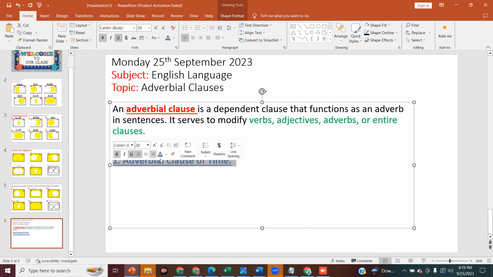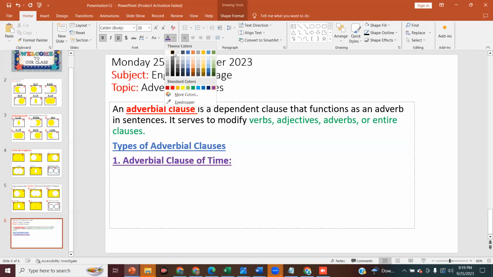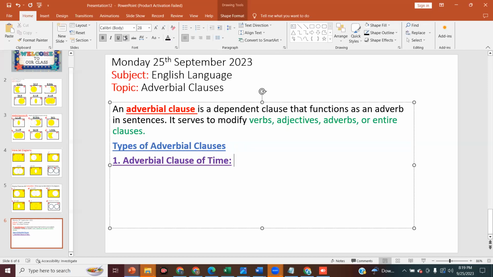You have to be paying attention with me with this one, so you won't get confused. When we say adverbial clause of time, these indicate when an action takes place.